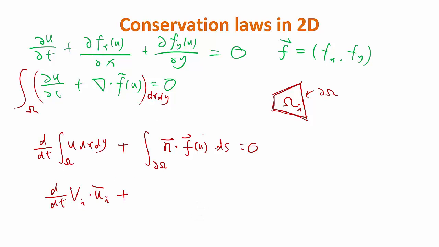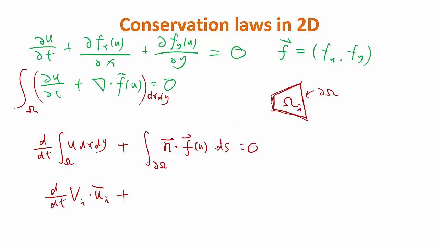Now this term, as I said, is split into 4 integrals. And these u bar I's are what we keep in the finite volume scheme, what we store in the computer and what we evolve as a function of time. The flux at the interfaces, or more precisely, the boundary integral of the flux at the interfaces, is what we need to approximate.